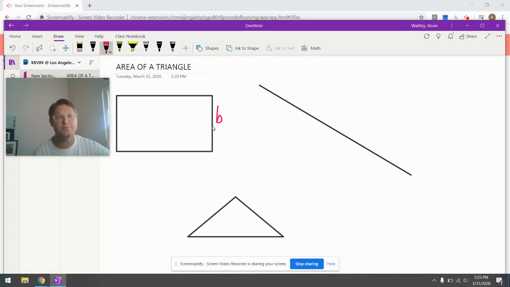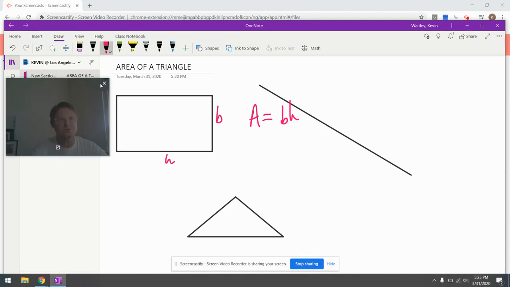We often call that the base or the height. And then the other side here. Since I call that the base, I'll call this the height. So the area formula for the rectangle is the area equals the base measurement times the height measurement. So that's for the area of a rectangle.